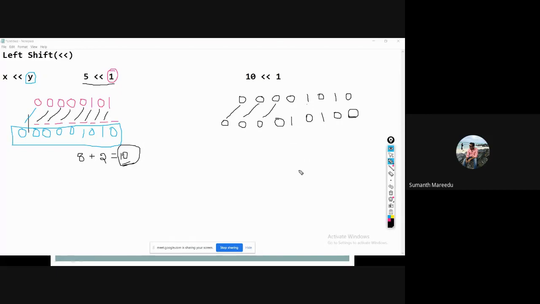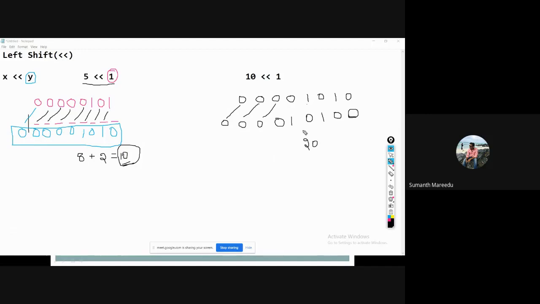So are you getting it or not? 20. Yes. So this is 2 power 4, 16, plus 2 square, 4.